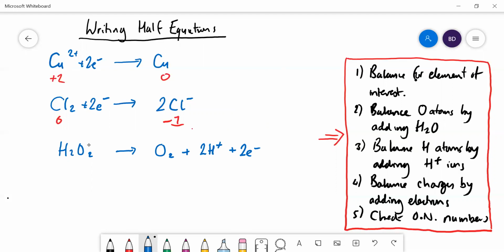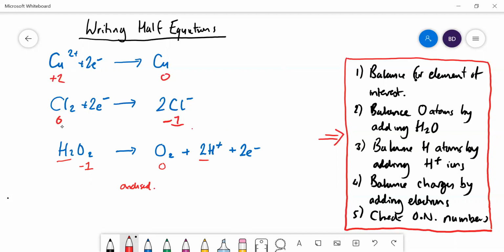You've got the oxidation number of only one element to change. So hydrogen is +1 there, and +1 there, and +1 there. That doesn't change. The oxygen is -1 there, and we know the oxidation number of oxygen as an uncombined element is 0. So the oxygen has gone up. It's been oxidized, hasn't it?